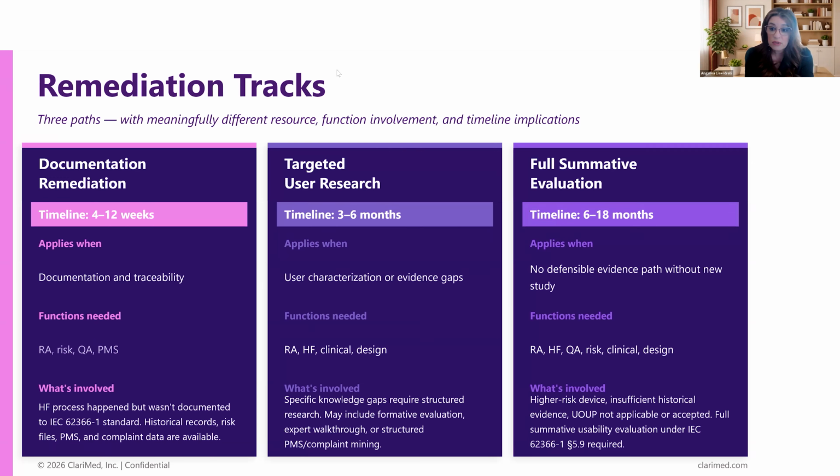There are strategies for this if you know you're probably going to get that deficiency and it's going to take 6 to 18 months. That is a strategy the business has to agree on and understand, and the regulatory affairs specialist has to be very clear in their communication: this is the risk that could happen. You could have a delay in clearance. You can have a delay in your CE marking. So I hope that answers the question.